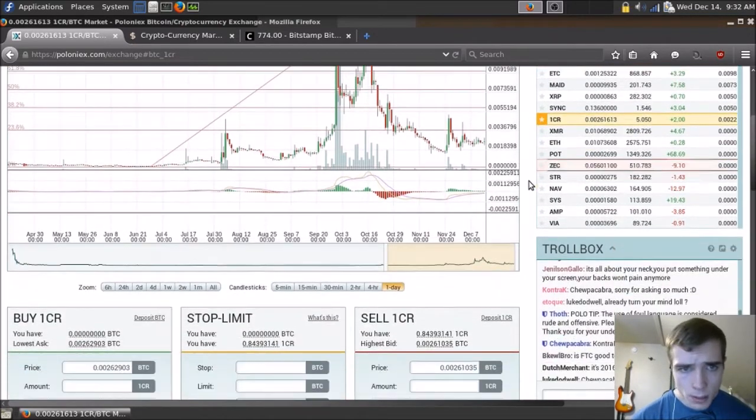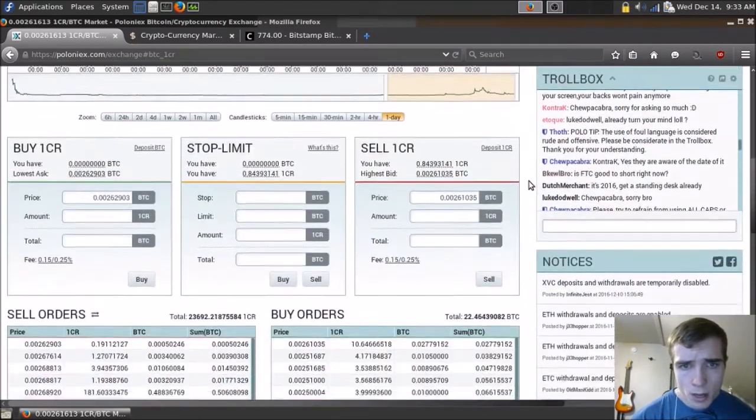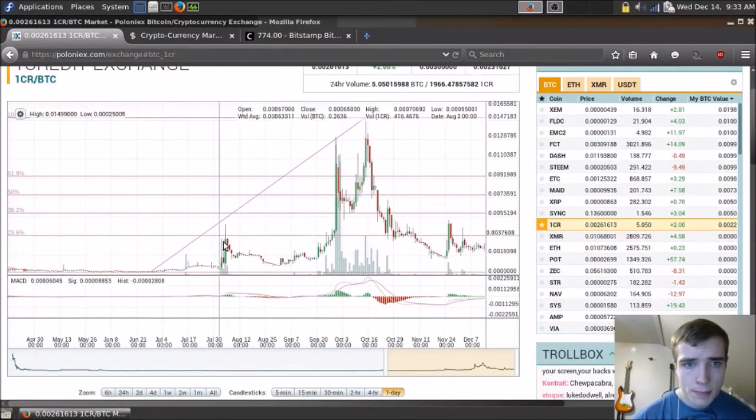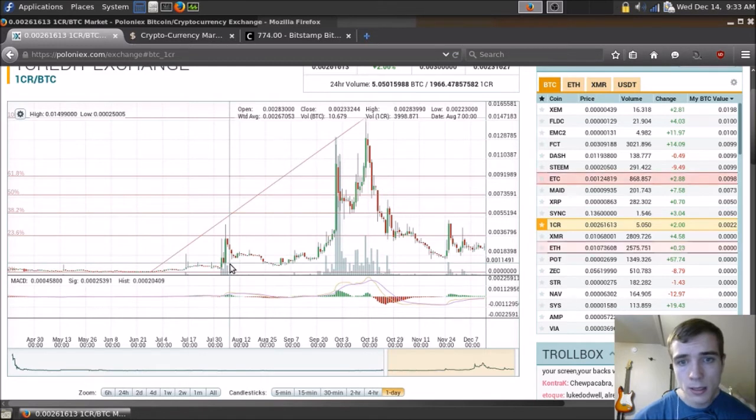Now, candlesticks is basically a way of representing a price when the market opens and when it closes for that hour or day.